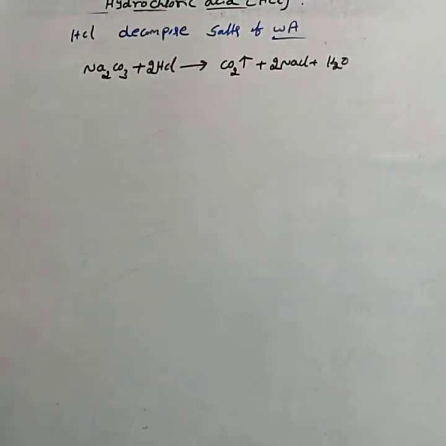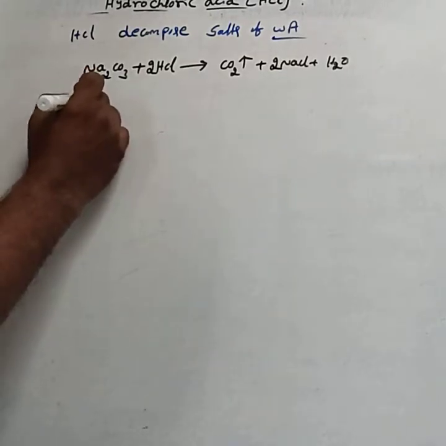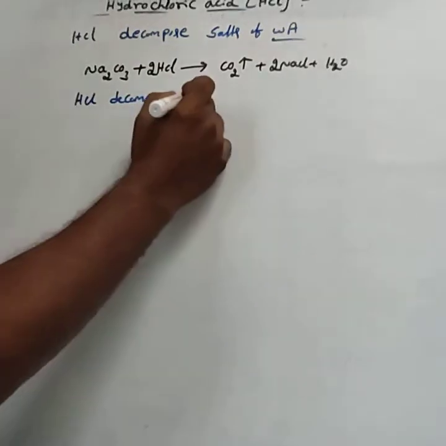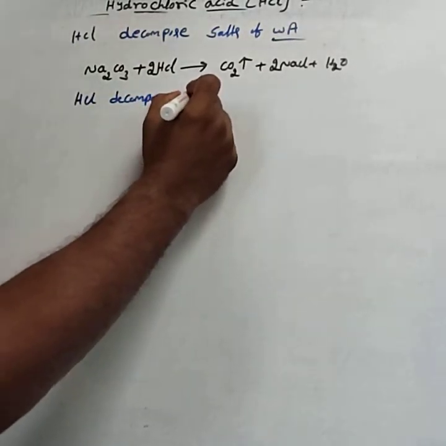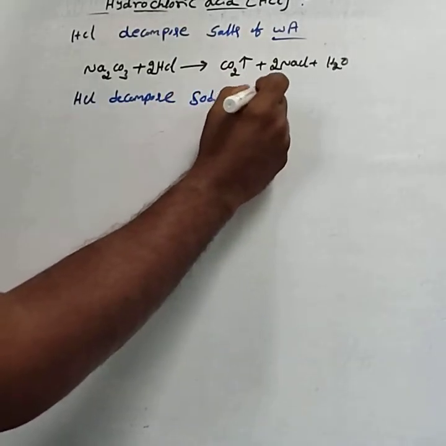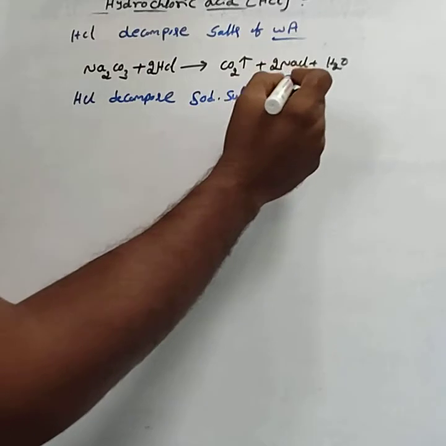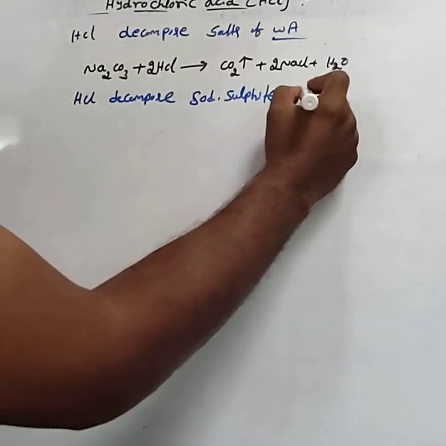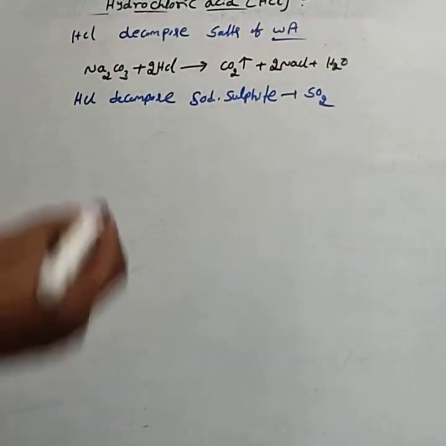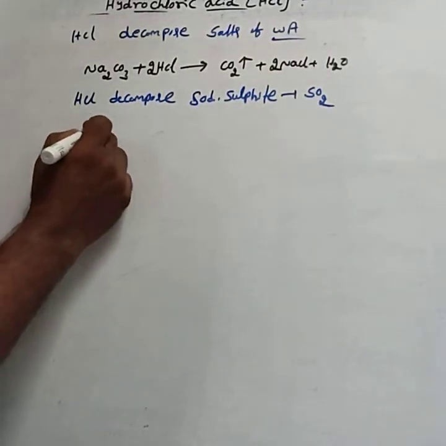Similarly, HCl decomposes sodium sulfite into sulfur dioxide. The sodium sulfite formula is Na2SO3.